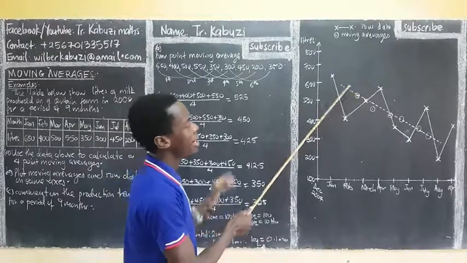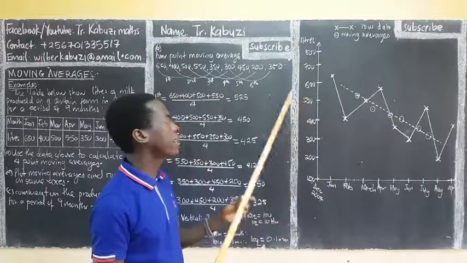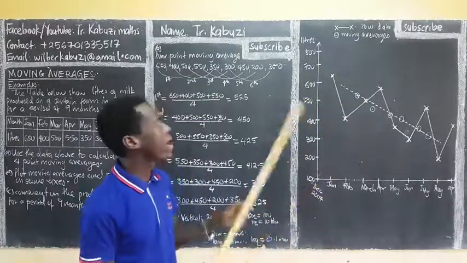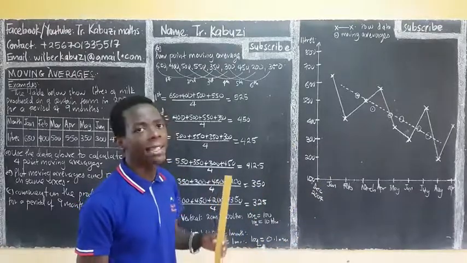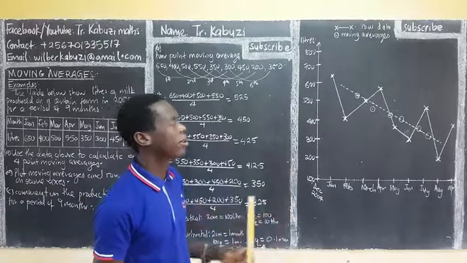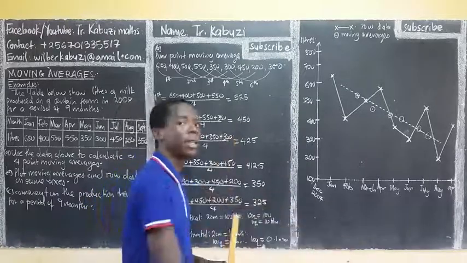So now it's decreasing. We said whenever it's decreasing, it means the trend is negative or there is a decrease. So our slope is negative because our line is sloping down.